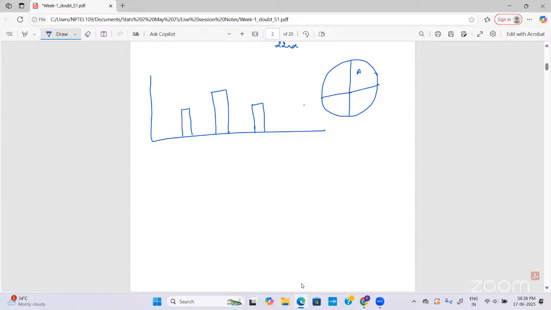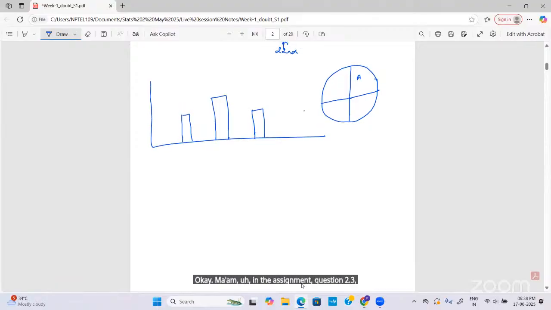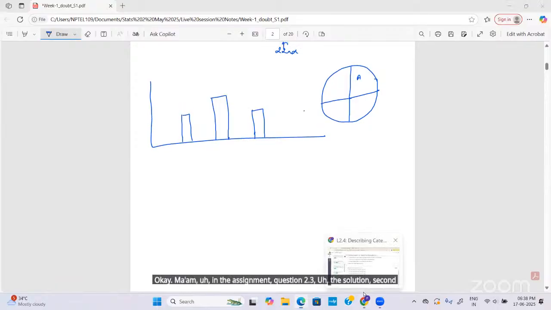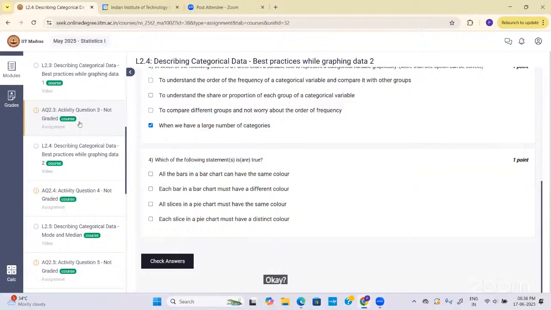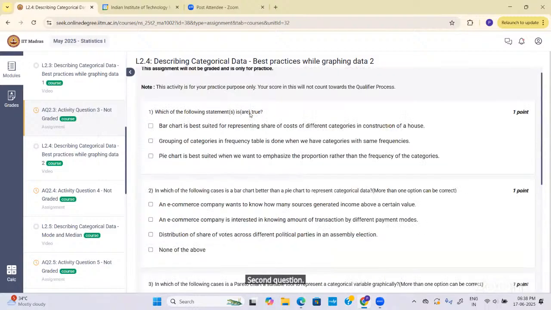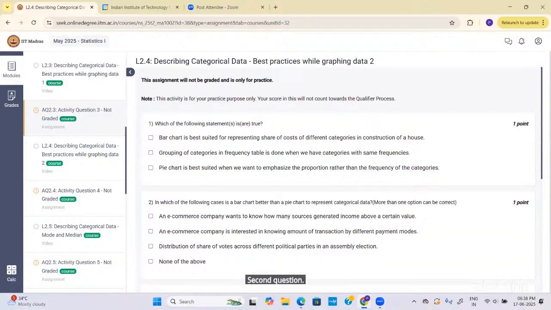Ma'am, in the assignment question 2.3, there is a second question I was having some doubt about. Which question? 2.3, the second question.